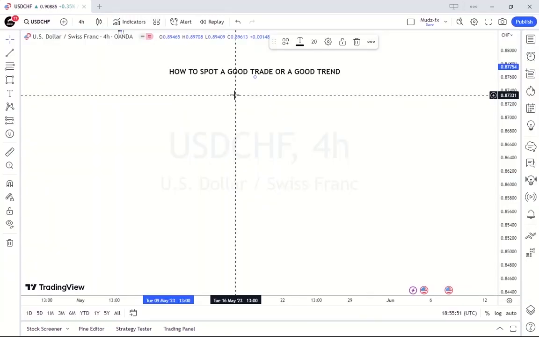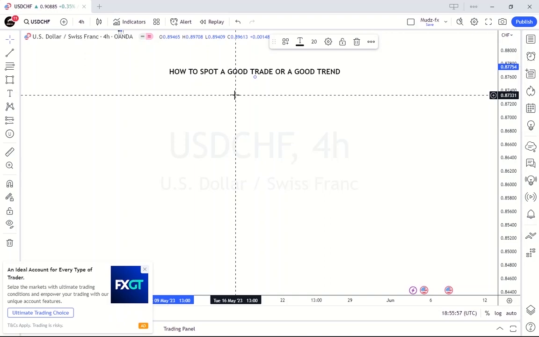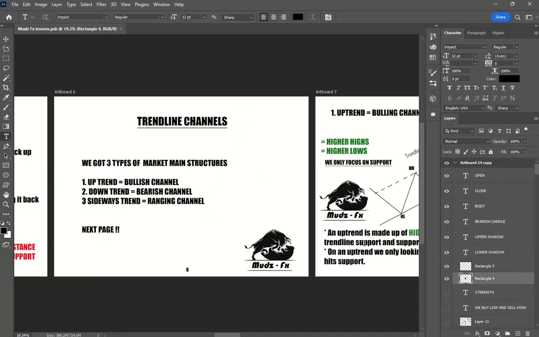Okay, so today we're gonna be talking about how to spot a good trade or a good trend. As we all know, in the forex market we have three types of market main structures. Number one, we have an uptrend which we call a bullish channel.